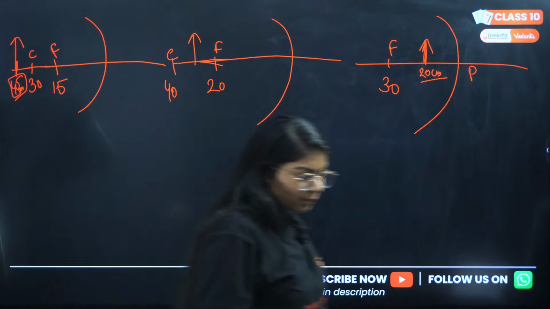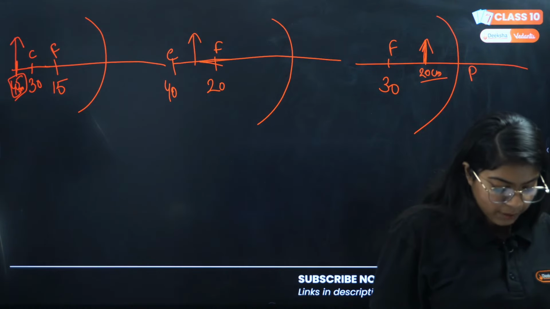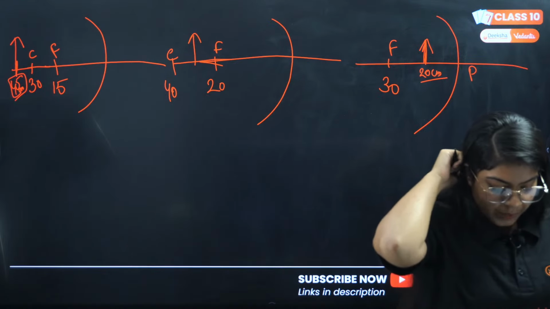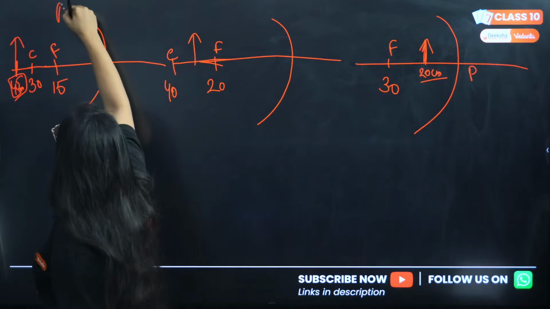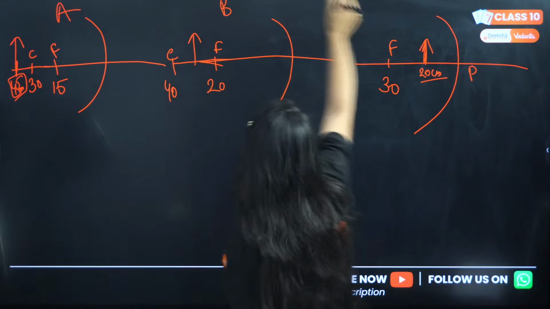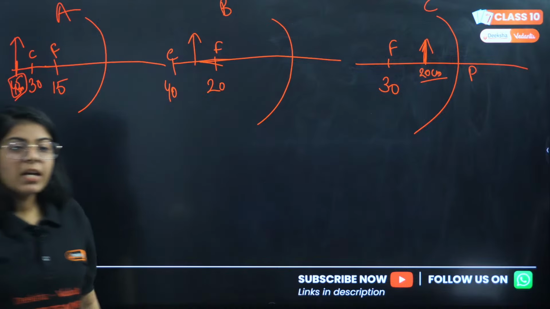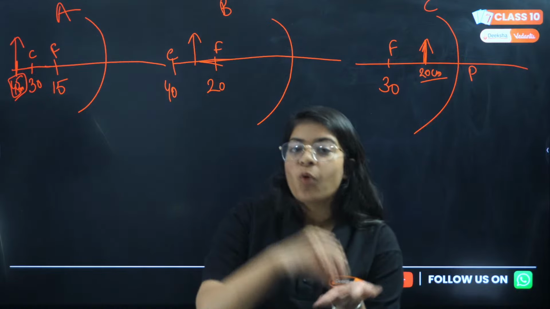Now answer. More the distance from focal length, smaller the image. Quantum is saying case 1. Allah is also saying case 1. This is mirror A, B and C. As the object is at infinity, the image is formed at focus, which is point size.